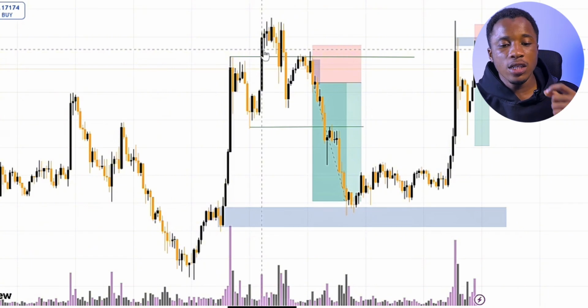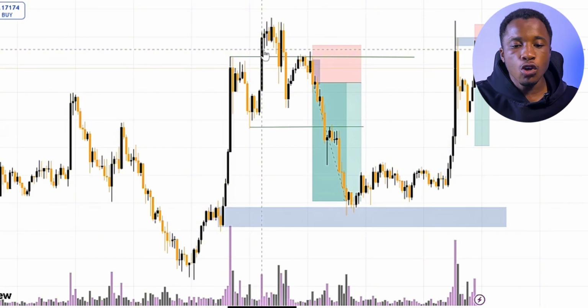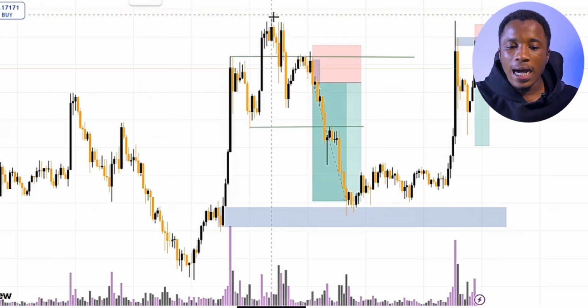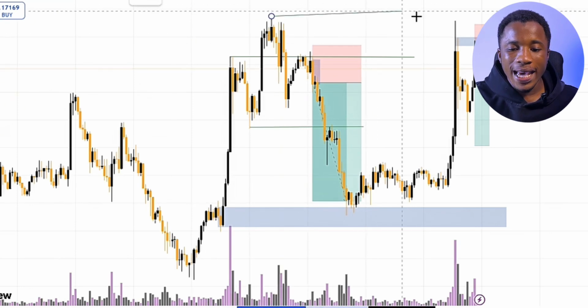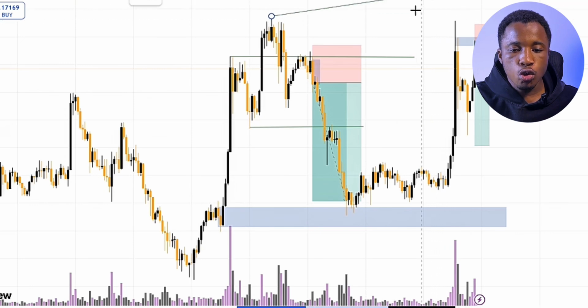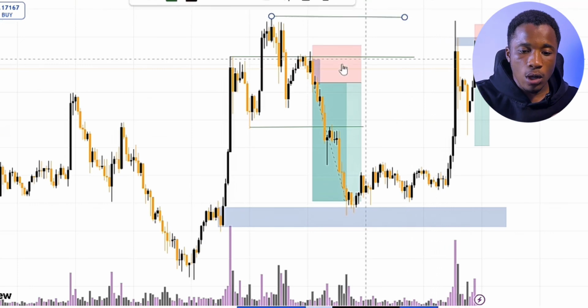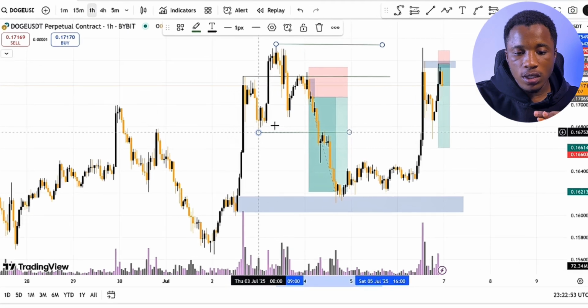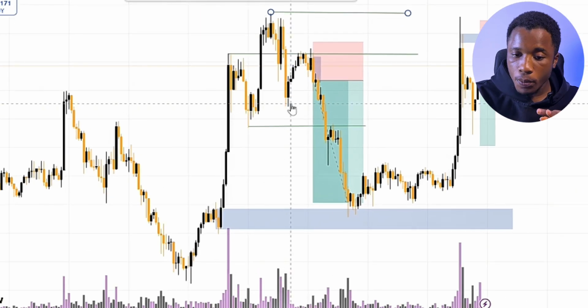Now after clearing this liquidity, making it a break of structure, is going to give a new high. Okay, now after this new high, we are expecting price to come back down. This is an indication that price is going to go to the upside again. Okay, so it's going to make this little move like you see from this point, okay, up here.